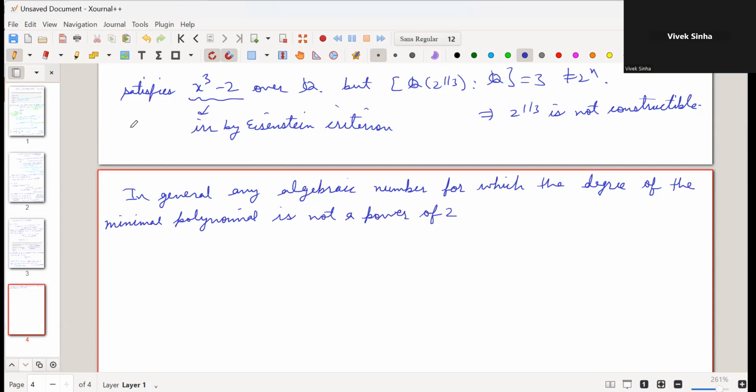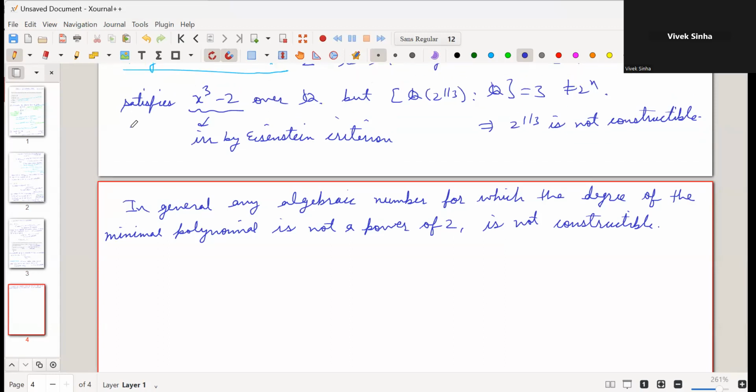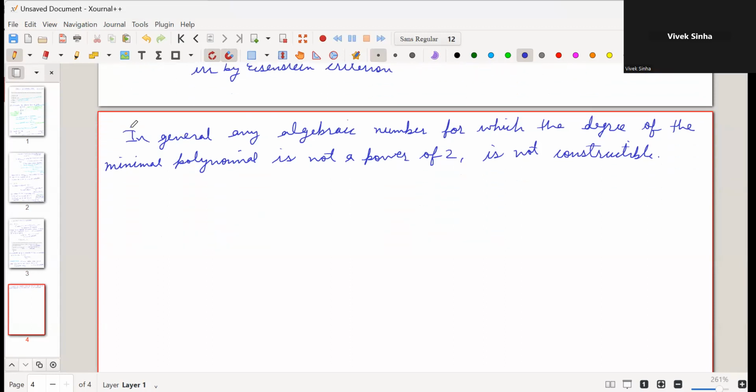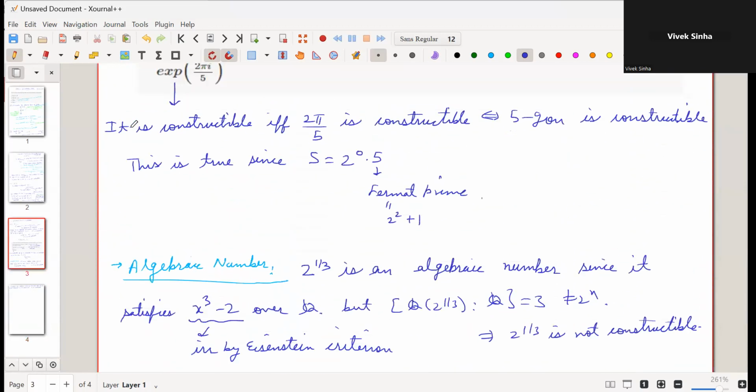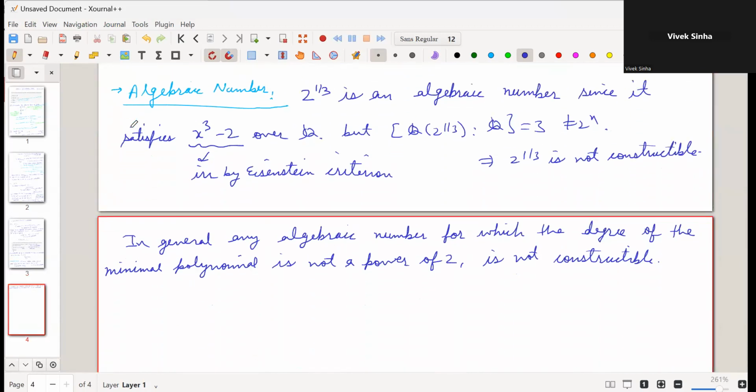In general, any algebraic number for which the degree of the minimal polynomial is not a power of 2 is not constructible, because you will not get a tower of degree two extensions. Okay, so yeah, this is the first question.